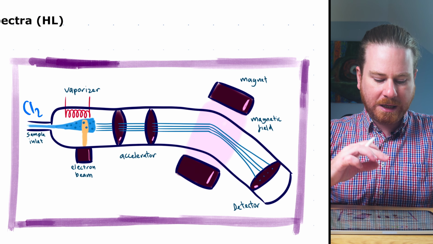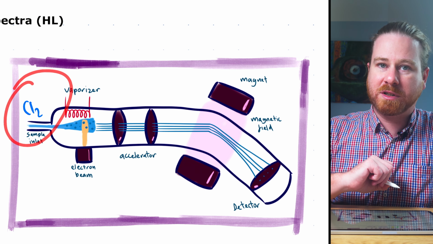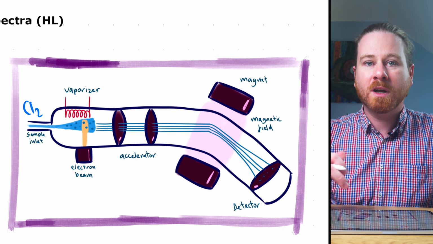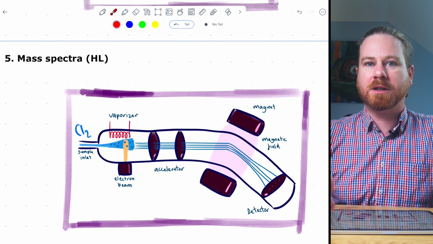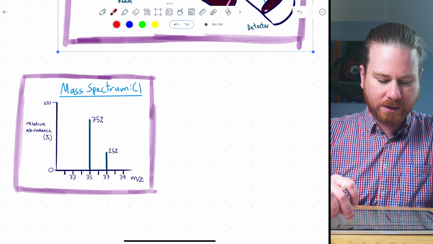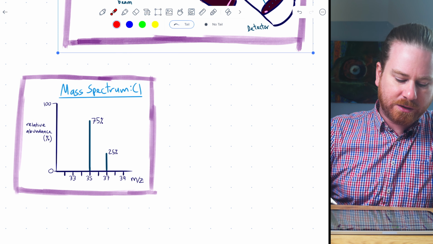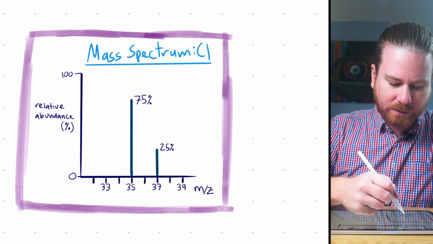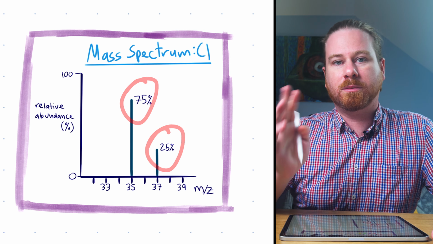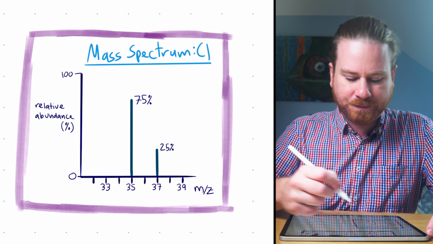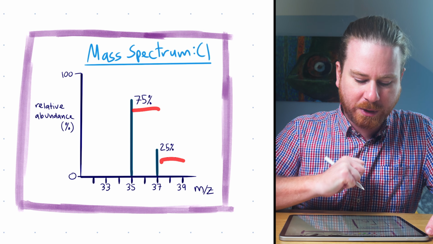Okay, so as we said, our sample today was chlorine, so chlorine's gone in. The fancy computer has done its work, and then this is what you get as a result. Happy days. So we can see that we've only got 2 isotopes for chlorine, so 2 peaks, 2 isotopes. We've got their relative abundance.